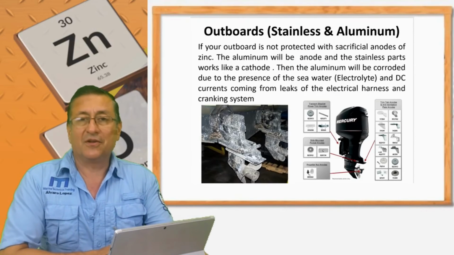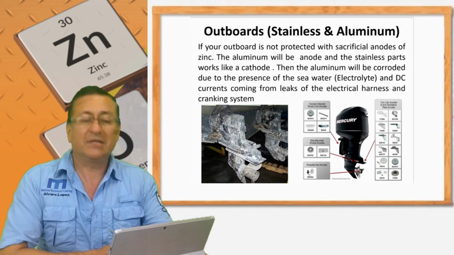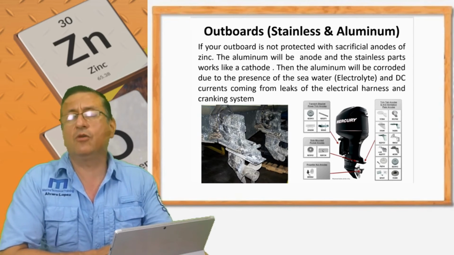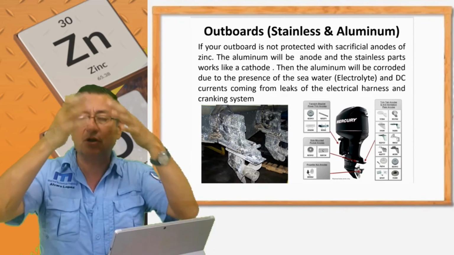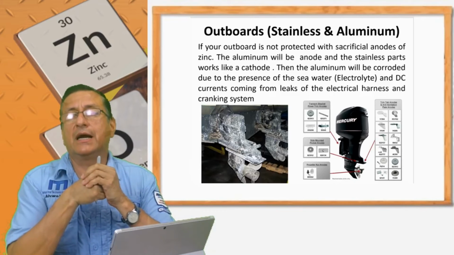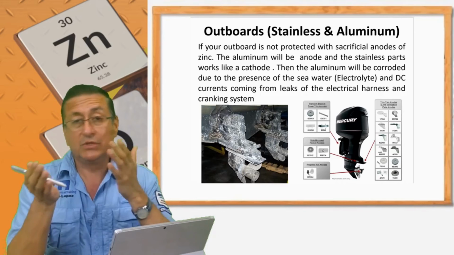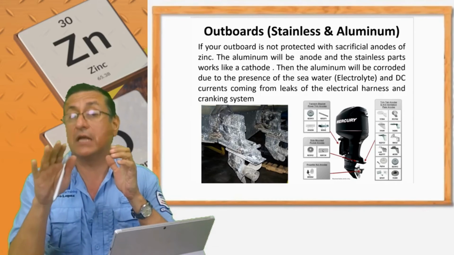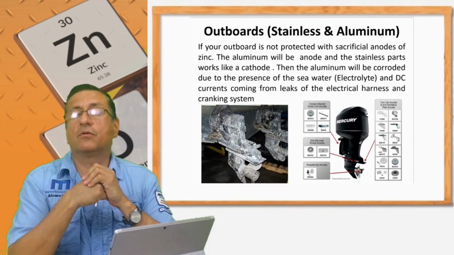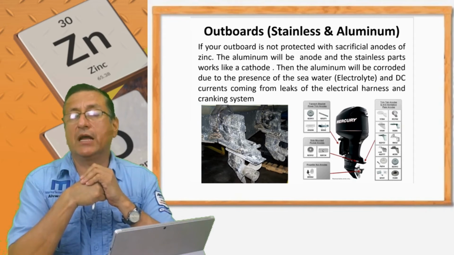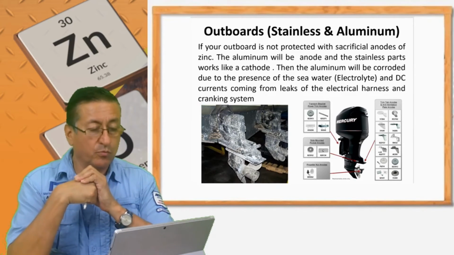This is another good example of two dissimilar metals: the outboards. In the outboard, we have the structure in aluminum, and we have a lot of bolts in stainless steel. Two dissimilar metals. Stainless steel is a ferrous alloy, in combination with the aluminum of the block and the body, the structure of the outboard.